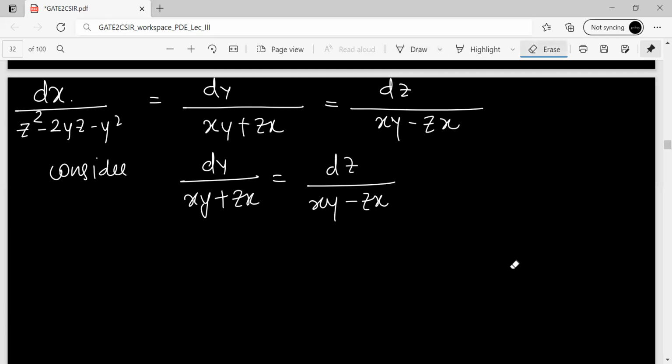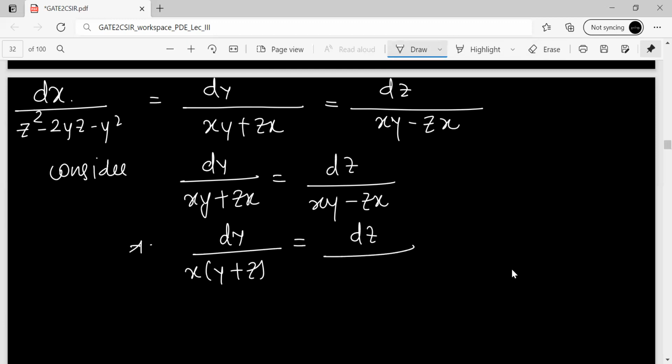Wait a second. I can take x common from here, so it will be y plus z, and then from here I can take x common. It will be again y minus z. This x is getting cancelled.